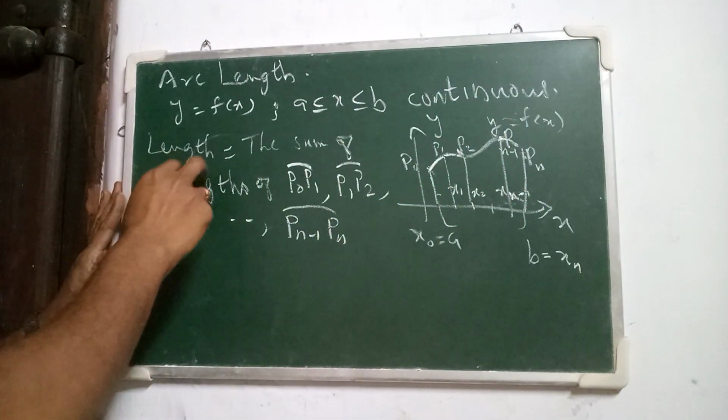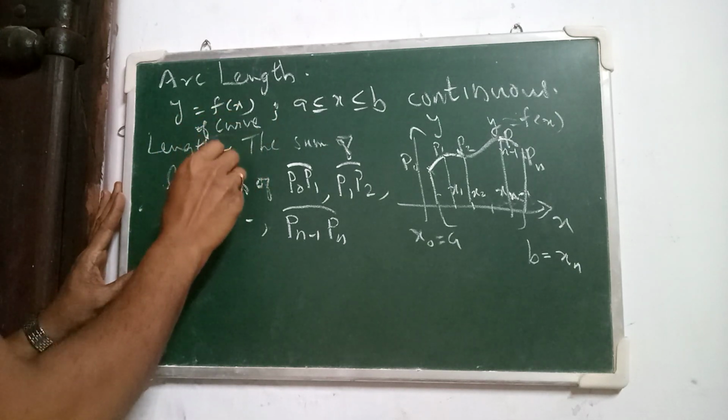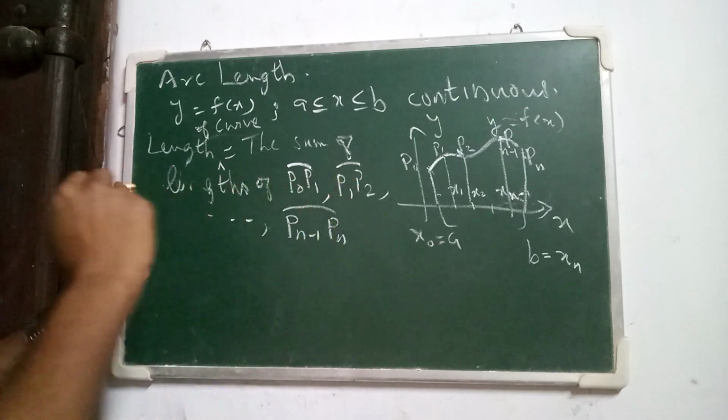So the length of the curve is equal to the sum of the lengths of these arcs.